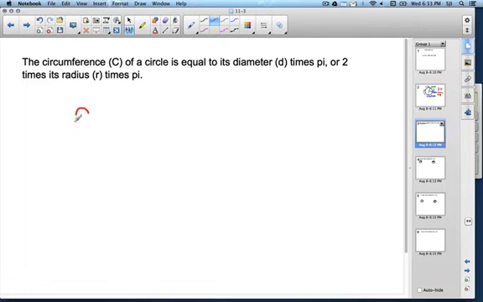The circumference, or C, is equal to pi times the diameter, or we can think of the circumference as 2 pi r. Because remember, the diameter is twice as long as the radius, so if you're given a radius, you have to multiply it by 2 in order to get the diameter first, and then you're going to multiply that answer by pi.